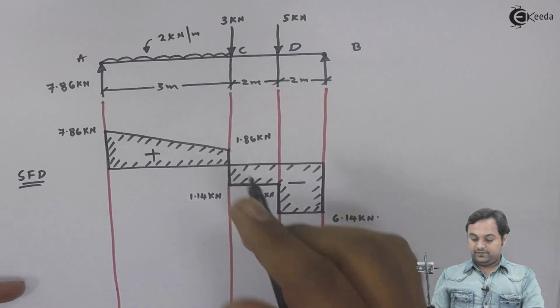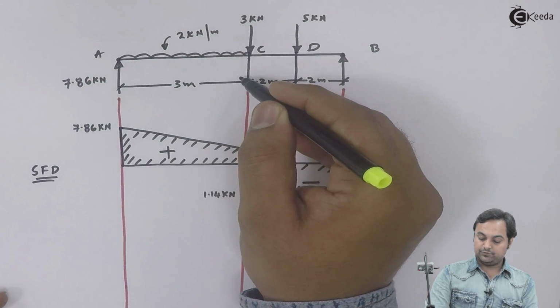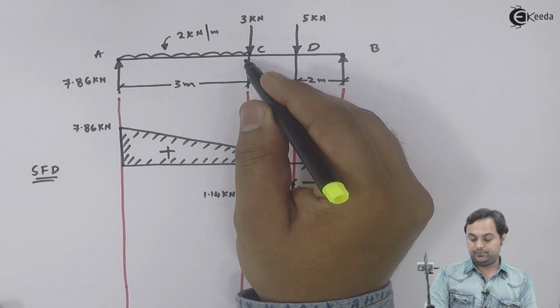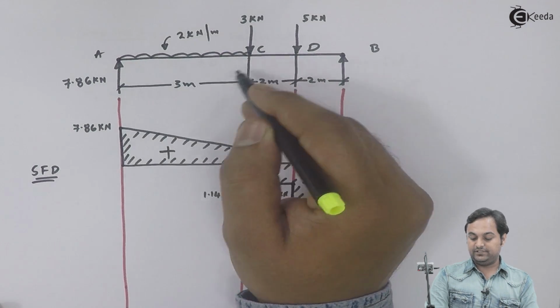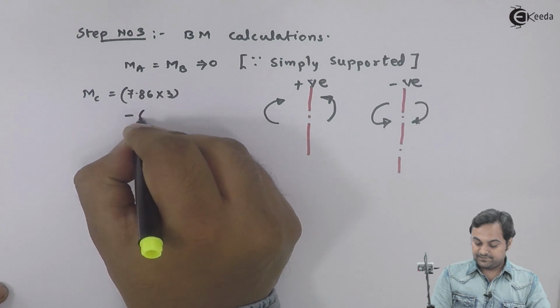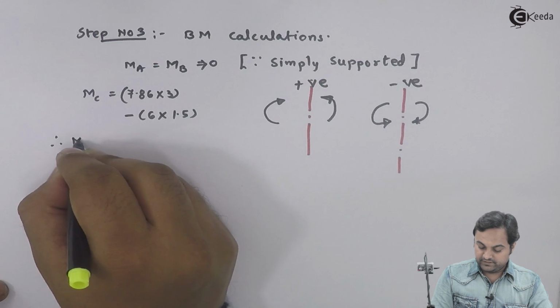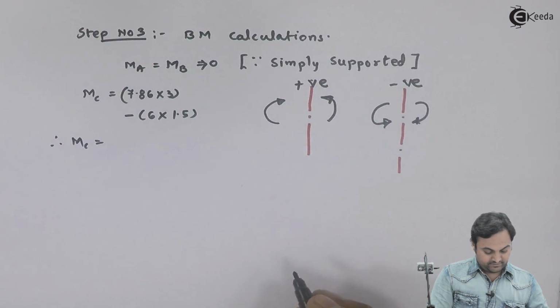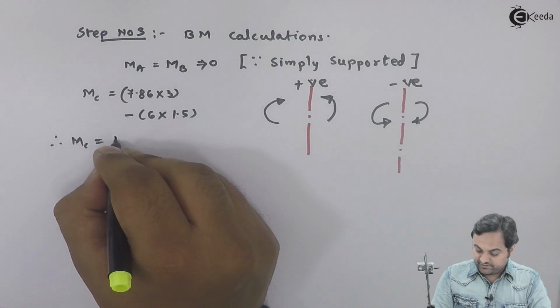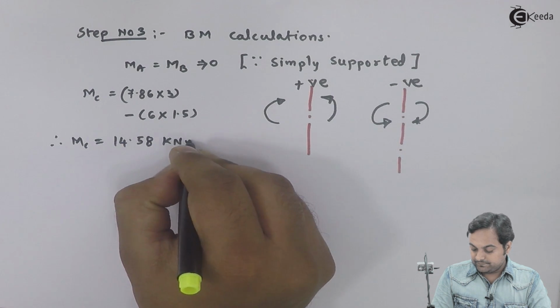Then here I have 2 into 3, which is 6 kilonewton, acting downwards, so producing anti-clockwise moment at point C. So that is 6 into half of 3, that is 1.5, minus 6 into 1.5. Therefore moment at C, the value comes out to be 14.58 kilonewton meter.